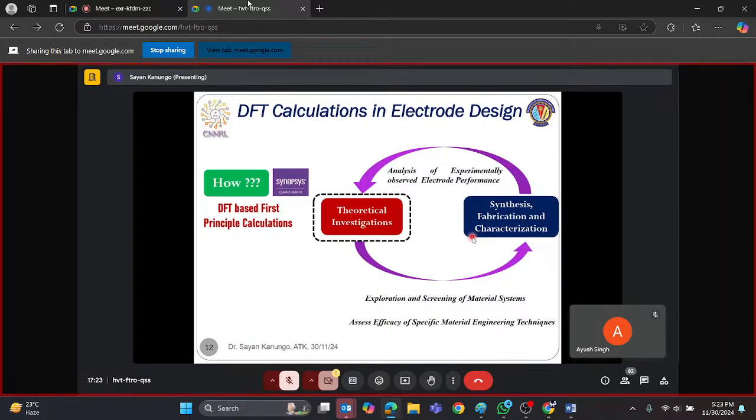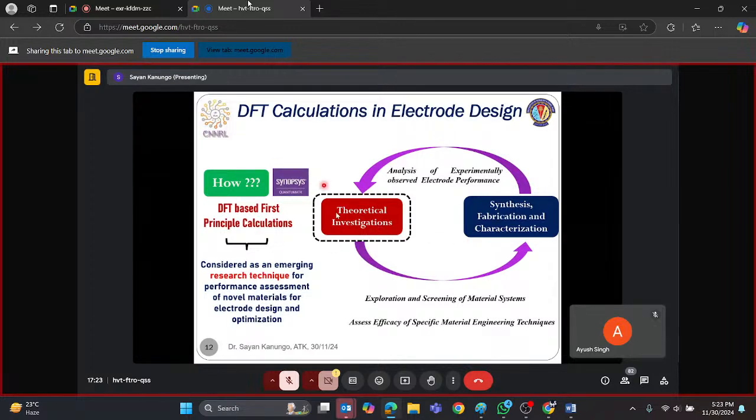So these density functional theory based first principle calculations are considered as an emerging research technique for performance assessment of novel material systems like 2D materials or engineered 2D materials for the electrode design and optimization. The density functional theory based first principle calculation, as most of us are aware, is basically performing a theoretical experiment on the material system.